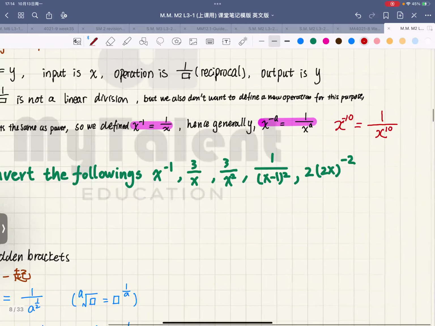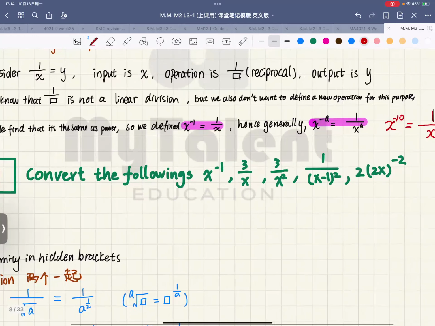Now let's do this. Convert the followings. X to the power of -1, easy, 1 over x, right? Now, next one, 3 over x is equal to, convert to the power form. Any idea? Very good. Okay, let's do this.